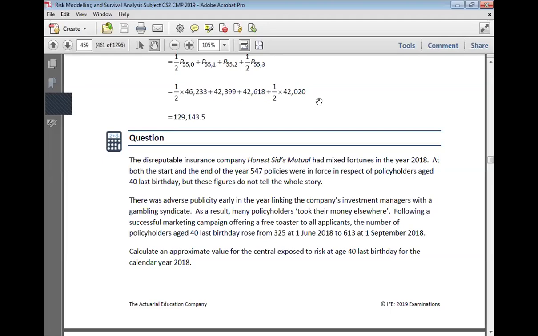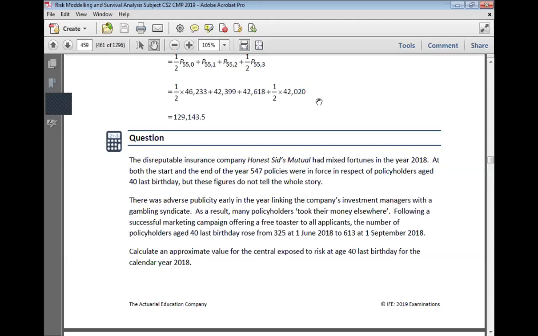Will the central exposed to risk be higher or lower than 547? Can you say that with the information that we have? Will my central exposed to risk be higher or lower than initial exposed to risk?